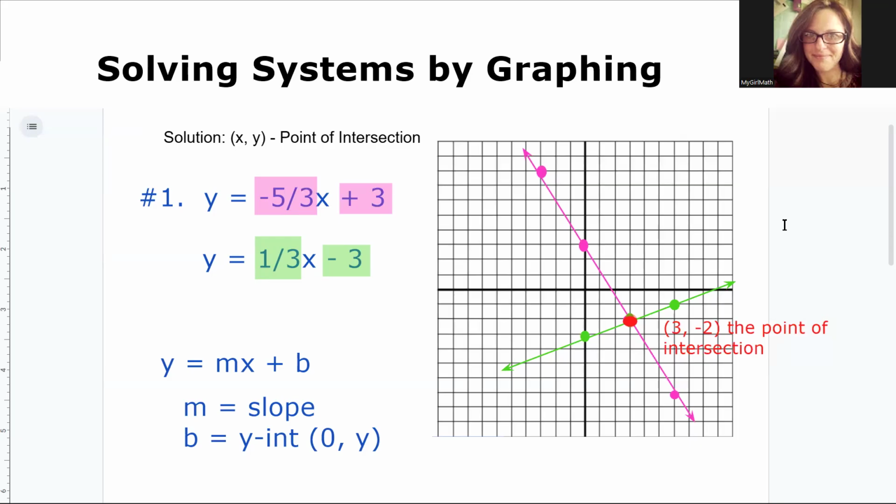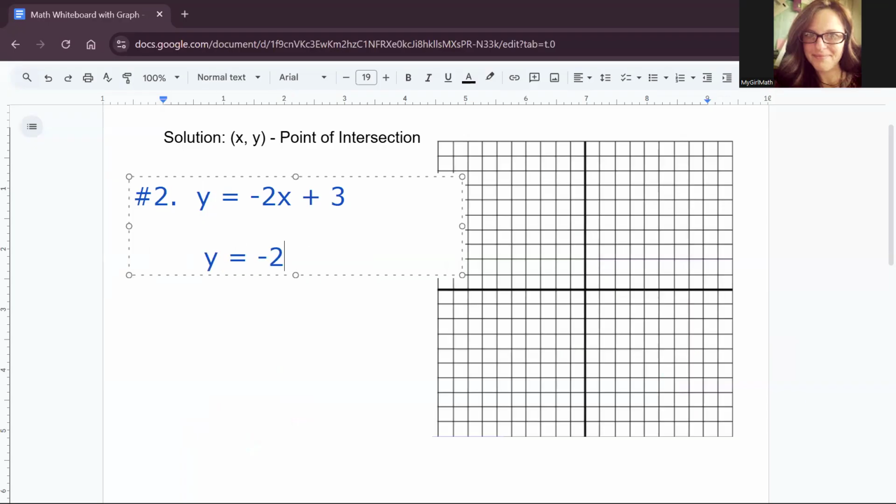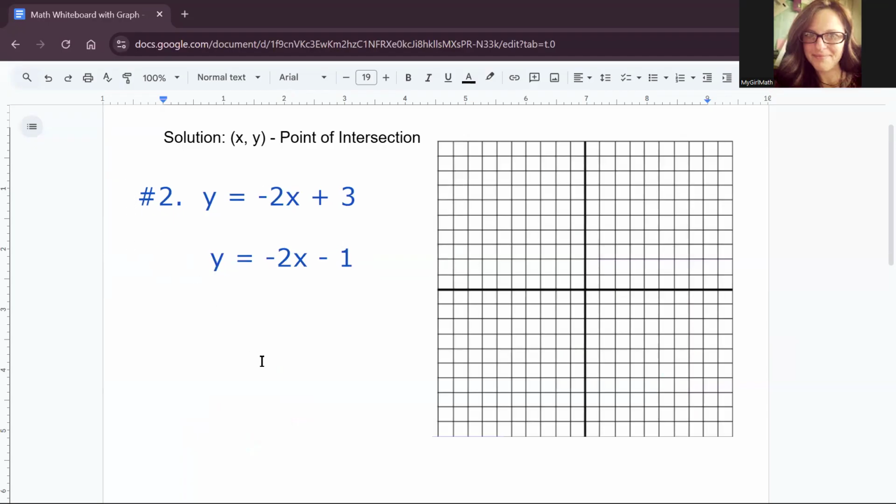Let's do another example. Let's solve this system of linear equations by graphing. Once again, these two linear equations are given in the form y equals mx plus b.